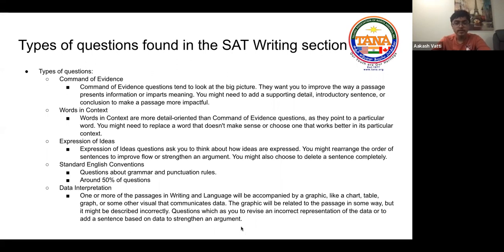This is when a writing passage is accompanied by a graph or chart that describes data that was said in the passage itself. But it could be described incorrectly, and you're supposed to revise whatever incorrect representation of the data is in the passage based on whatever the graph says.